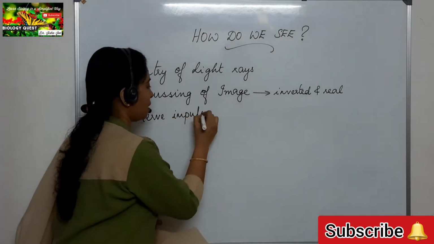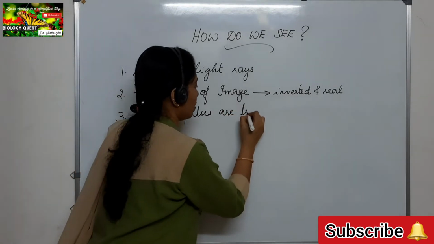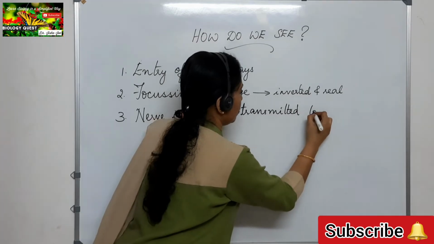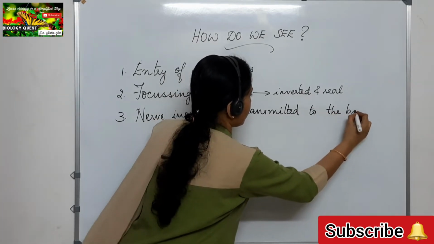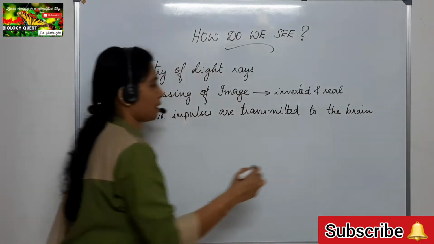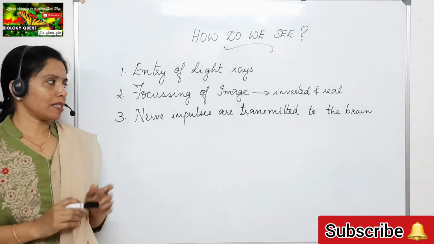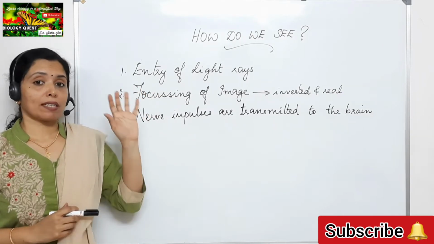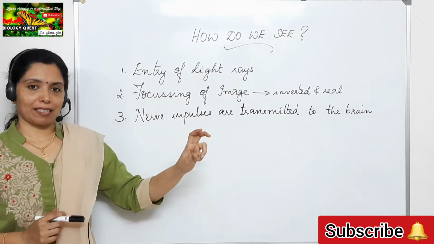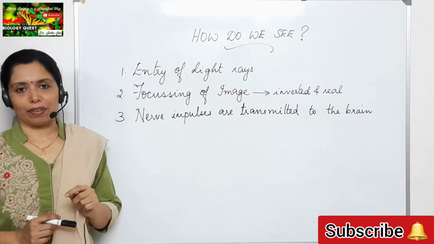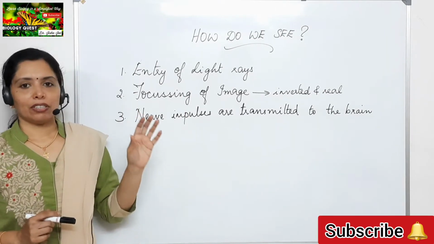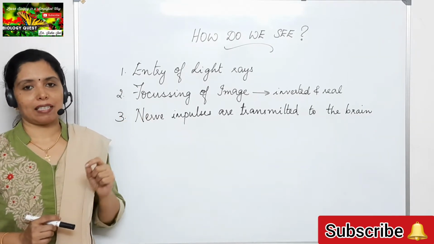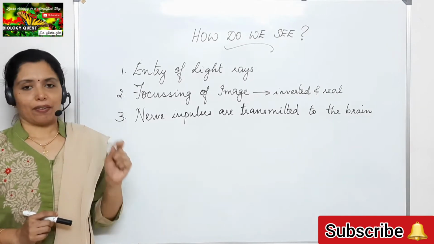Okay, so that is the third step. In the second step we have seen that the light rays coming from the object fall on the retina, and the image is formed on the retina, and the light energy of the image creates chemical changes in the sensitive cells that are present on the retina.